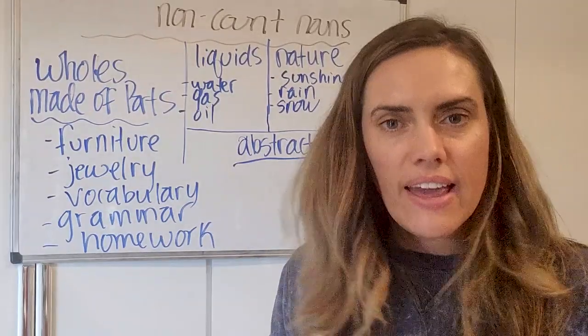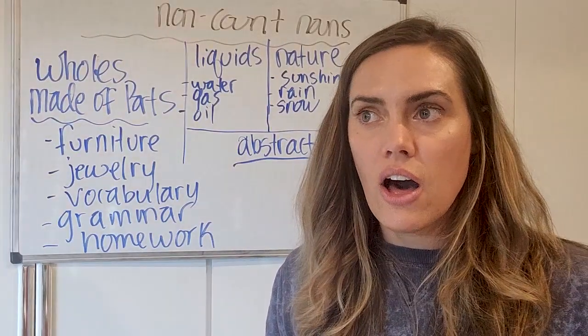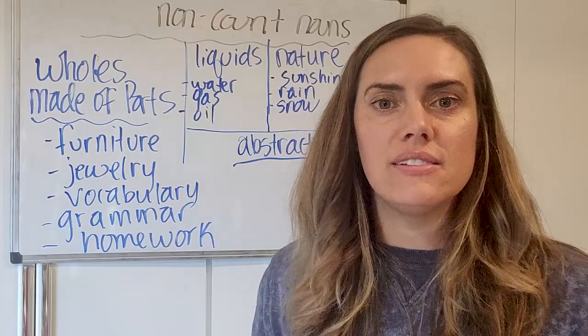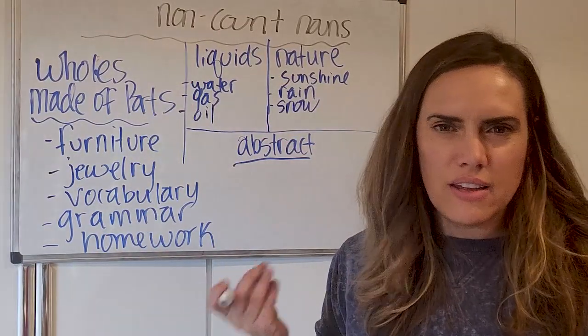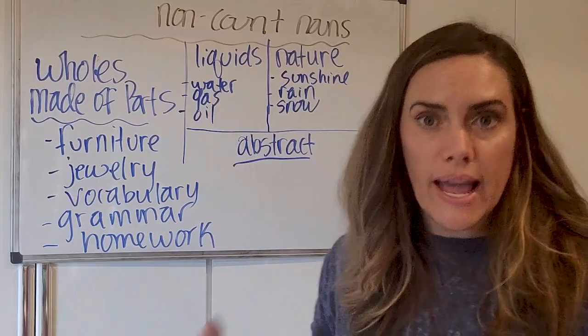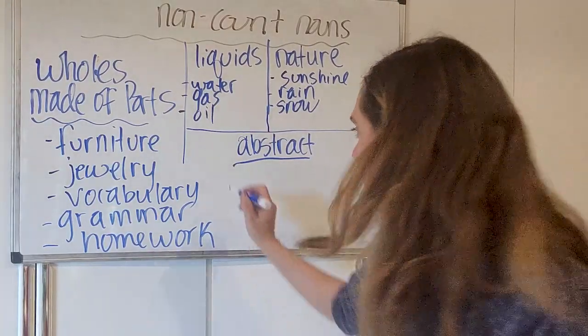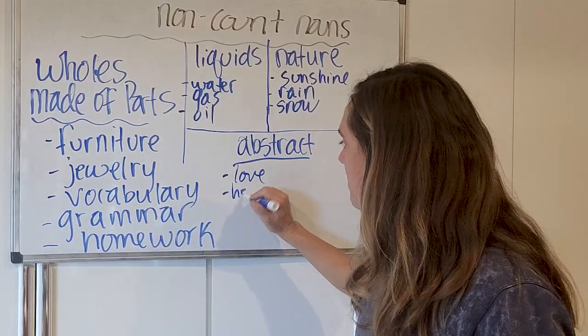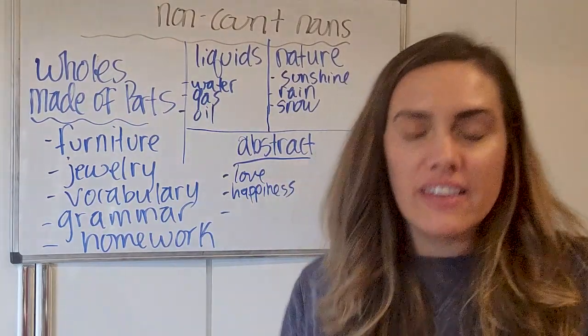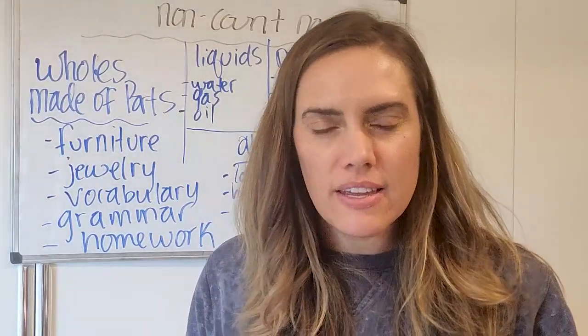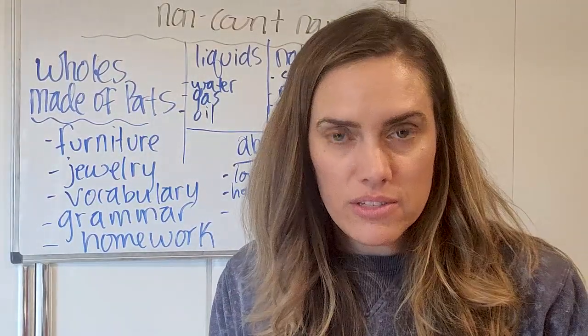I cannot say I had a lot of rains today outside, no. And then abstract is just like things that you can't touch, like these idea nouns, like love, right? Love, happiness, honesty, health, kindness, these things that you can't touch, but they are nouns.